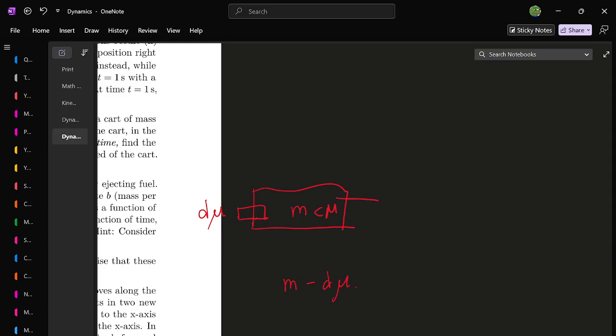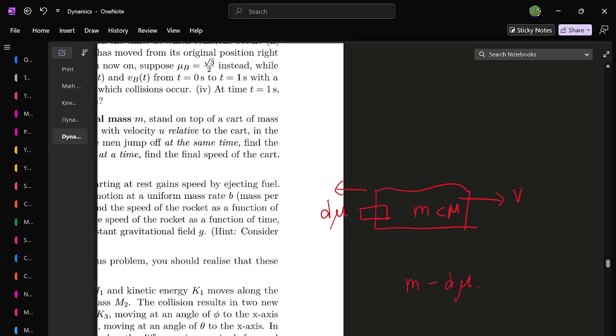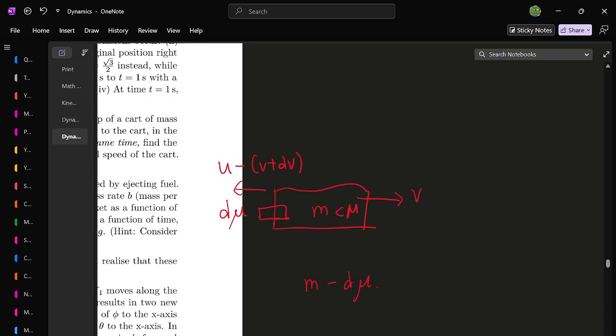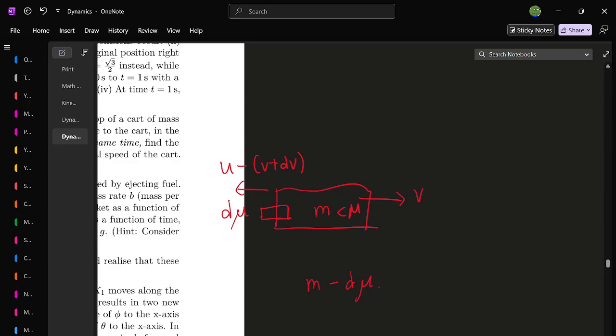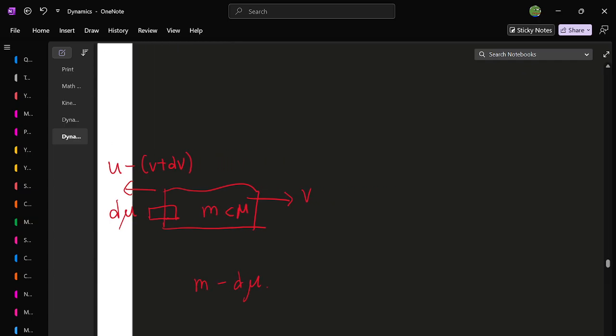So your new mass is m minus d mu. And if your rocket is moving at v at this point in time, then because the fuel is ejected with speed u relative to the rocket, your ejection speed will be u minus v plus dv, where v plus dv is the new speed. Now, how do we write our impulse momentum relation? dp is pf minus pi. Maybe it's easier to write pi first.